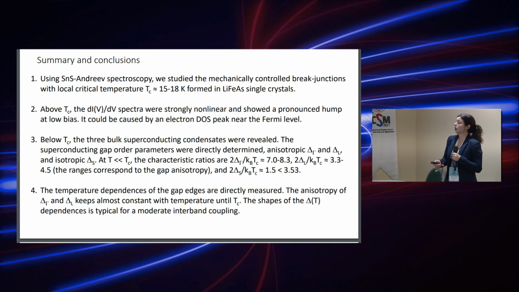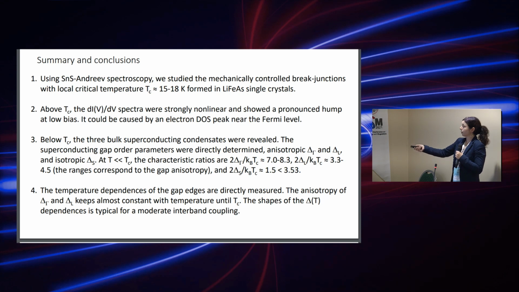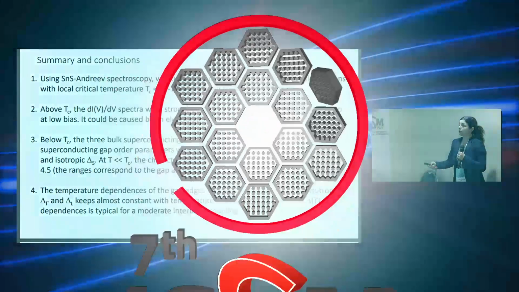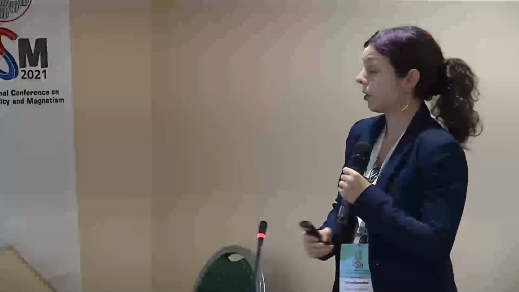And below TC, we directly and reproducibly determined three superconducting order parameters, three bulk gaps, determined their 2 delta on kTC ratios and resolved the anisotropy of delta gamma and delta L, and found no signs of delta S anisotropy.